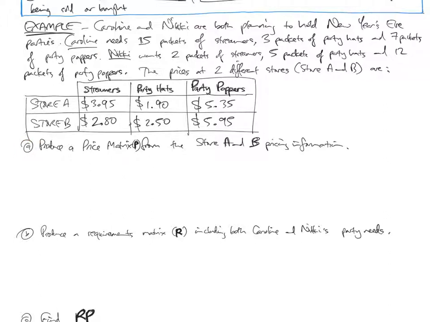We're going to need to form the requirements matrix using these numbers here. So part A, we need to produce a price matrix from the store A and B pricing information. It's already in a table, so you've already got the price matrix here.